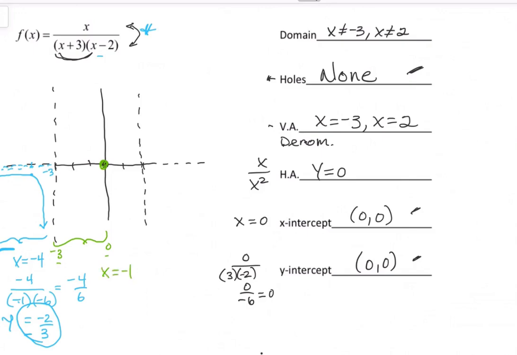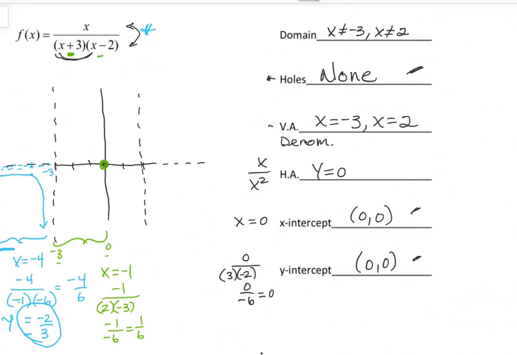So plugging that back into the original function, I have -1 over, in that first factor, -1 plus 3 is 2, -1 minus 2 is -3, so I get -1 over -6, or +1/6.